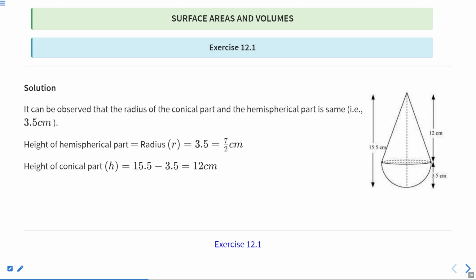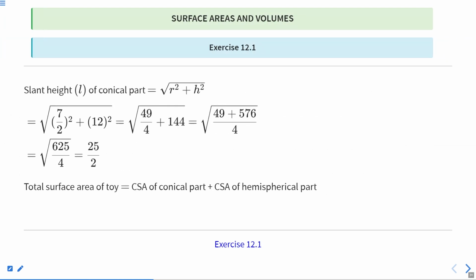So the height of the conical part h is equal to 15.5 minus 3.5, that is 12 centimeter. So the radius of the hemispherical part is 3.5 centimeter, its height is 3.5 centimeter, the radius of the conical part is 3.5 centimeter, and the height of the conical part is 12 centimeter. Now let us find the total surface area of the toy.